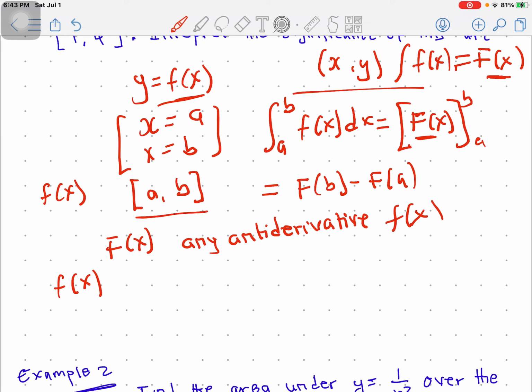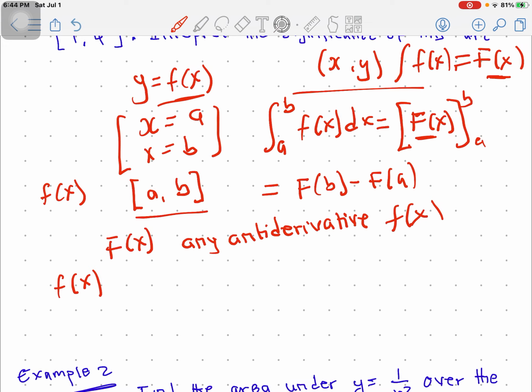So if we have two different antiderivatives, maybe F of x and G of x of f of x, then they must differ by a constant. Maybe G of x equal to F of x plus c for some constant value c. I'll try and use some examples to explain this so that you can get it very well.